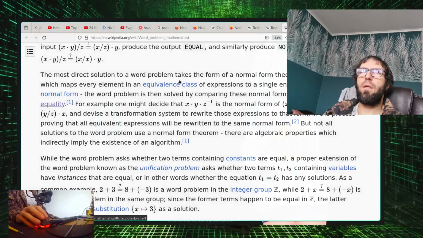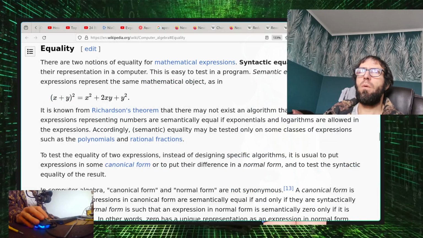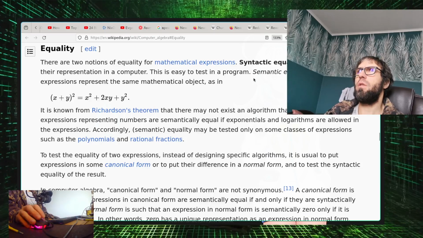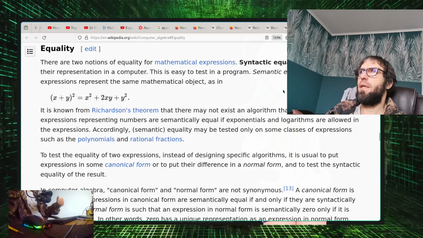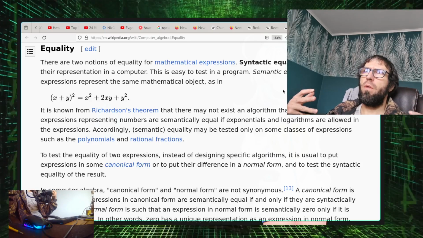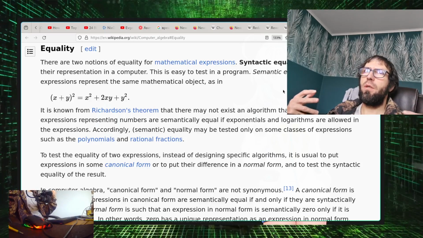What is syntactic equality? There are two notions of equality for mathematical expressions. The first is syntactic equality and the second is semantic equality. Syntactic equality is the equality of their representation in the computer.